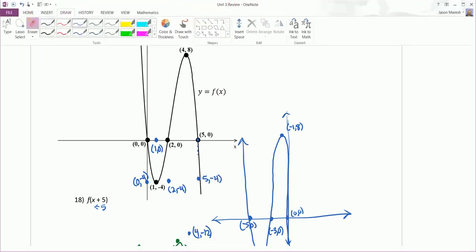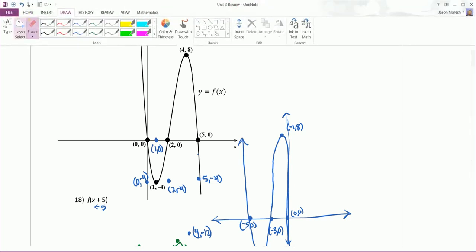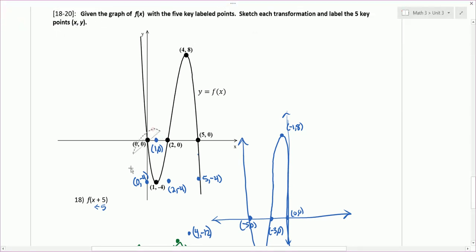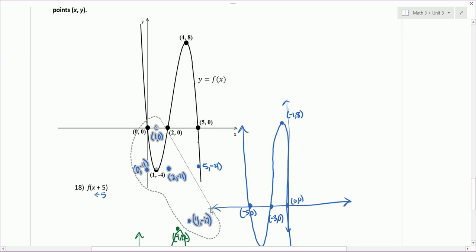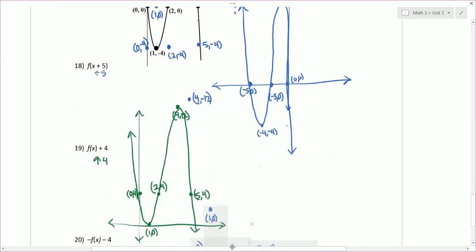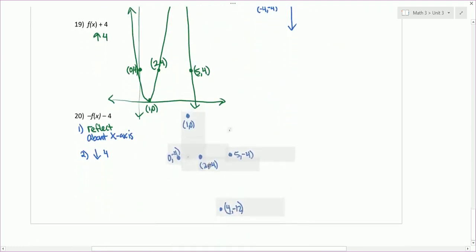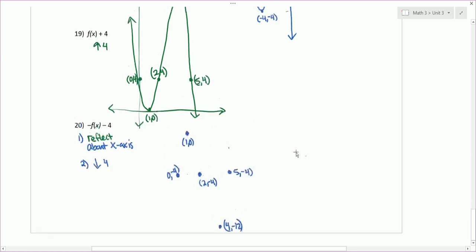So those are our key points. And when we sketch our graph through this, it's going to be the reflection, so it's going to be this picture turned upside down. Let me grab the points. Transfer them down. Okay.